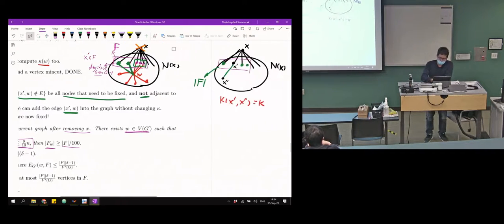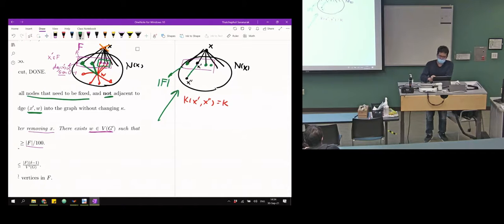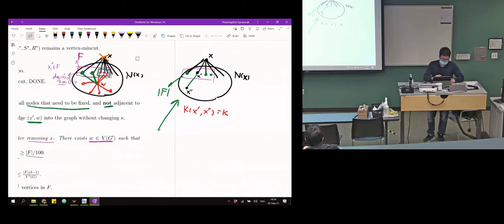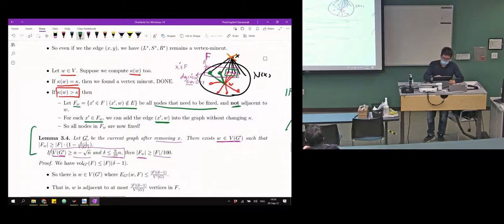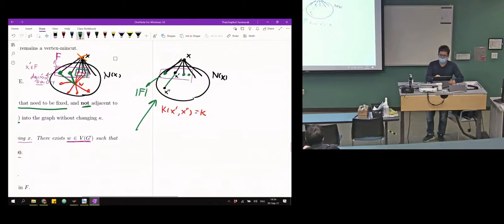So is everyone with me here? Forget this thing first. If you just want to fix everything in F, then F max flows are enough. For each of the nodes that need to be fixed, X prime, you just choose a non-neighbor of it, a node X7 prime such that there is no edge between them, and then compute max flow between them.